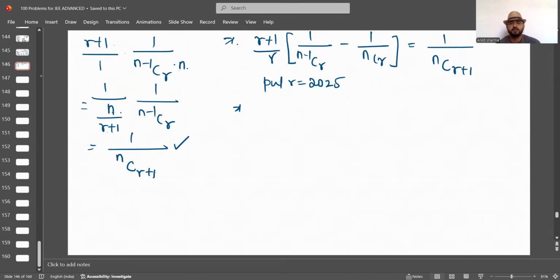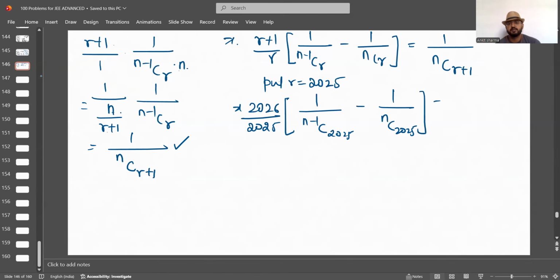So I'll now have 2026 over 2025, then 1 over (n−1)C2025 minus 1 over nC2025. This is equal to 1 over nC2026. So that means my entire series gets converted to, we can write here, n equals 2026 to infinity, 1 over nC2026.